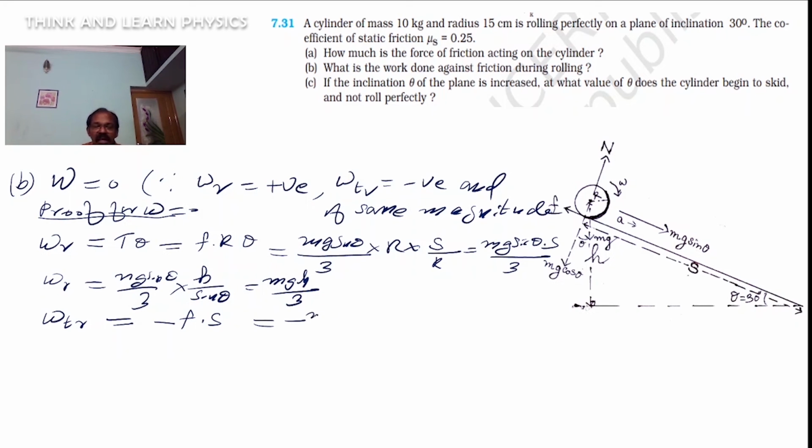F is mg sin theta divided by 3 for a cylinder, and S is H by sin theta. So here we get minus mgh divided by 3.